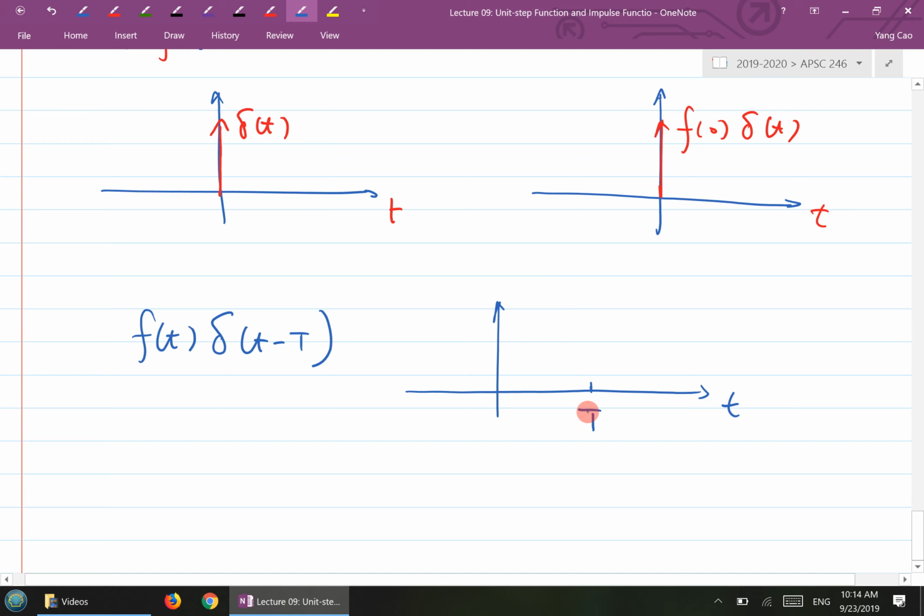Delta t minus capital T means you're shifting this impulse to t equal to capital T. So this is delta t minus capital T. When you multiply any function with that impulse at a different location, similar to multiplying by delta t, you don't have any values other than at t equal to capital T. So this one should be f of capital T times delta t minus capital T. So this is the difference here.